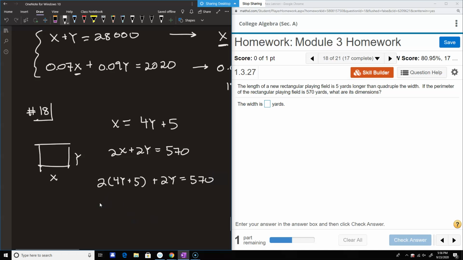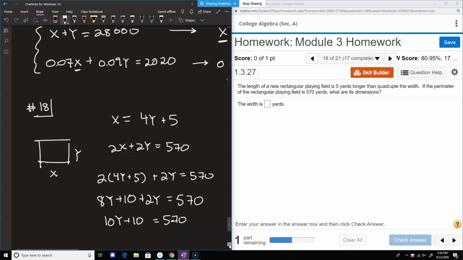So distribute the 2. We have 8y plus 10 plus 2y equals 570. 8y plus 2y are 10y. 10y plus 10 equals 570. We want to subtract 10 from both sides.